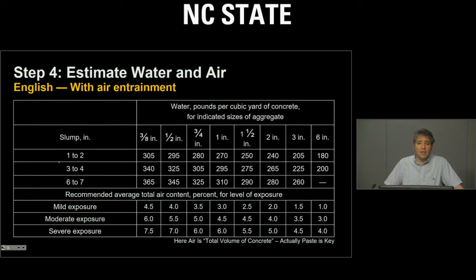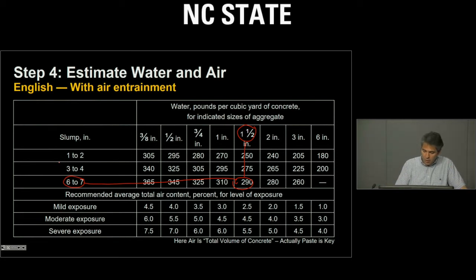And then we have air content for different exposure conditions. You may recall that in our particular example, we had a reinforced concrete beam that was exposed to moderate exposure. In a second, I will talk about what these different exposures are. But in this particular case, you can see that for 6 to 7 inches of slump, for 1.5-inch aggregate size, the amount of water that is required is different. It is 290 pounds of water per cubic yard of concrete.